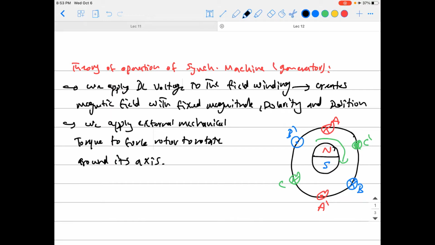So now these poles are just rotating around the axis, the fixed armature, and for you to remember, I'm talking about the stator of the synchronous machine.